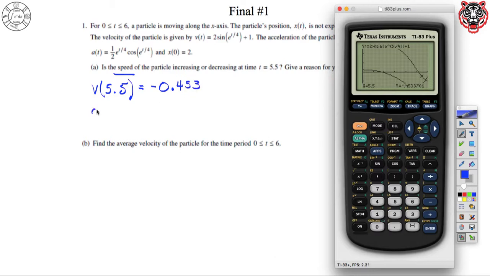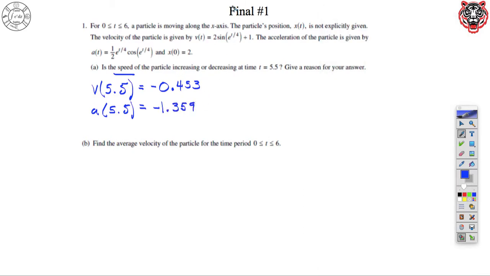I also need to find the acceleration at 5.5. So I can just hit down, and it got a little bit off, so I'm just going to enter 5.5 again, and I get negative 1.359. It doesn't really matter what number exactly it is.